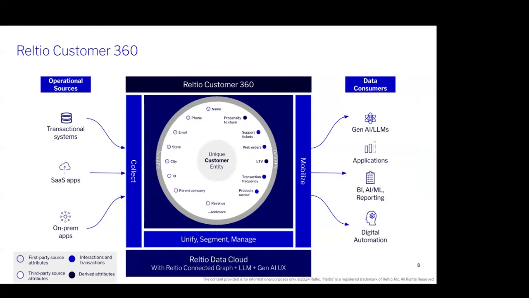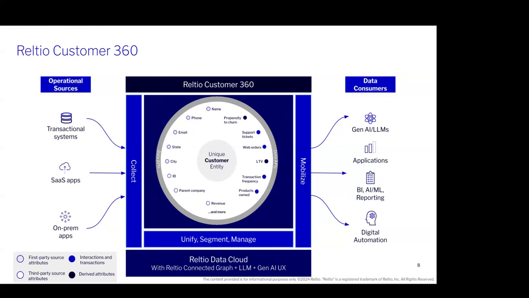This picture is probably something all of you are familiar with, how Reltio can work as a central data hub. And specifically, if we talk about Reltio Customer 360, how it can enhance the experience of business users and deliver value by being the central piece in the entire data management architecture and data flow.